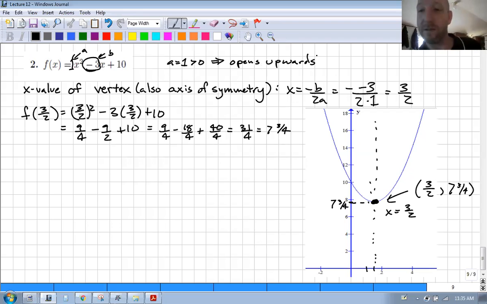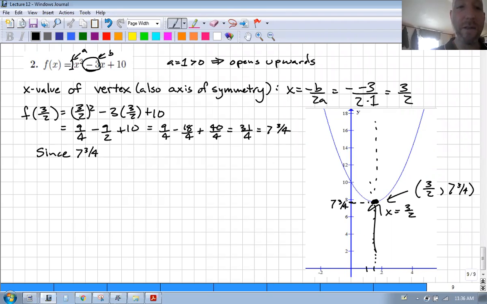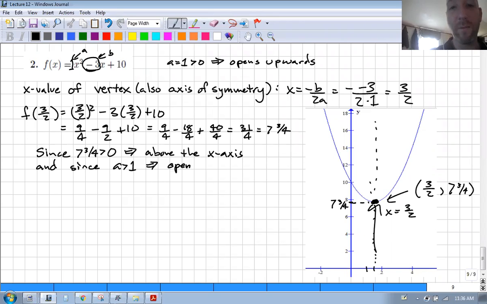Since the y value of our vertex, 7 3/4, is positive, that means we're above the x-axis, and since a is positive, it opens upward.